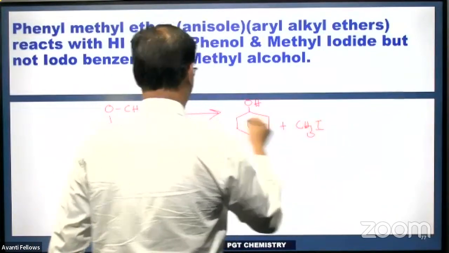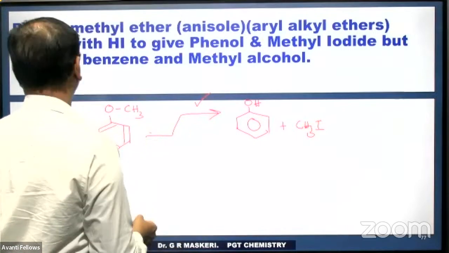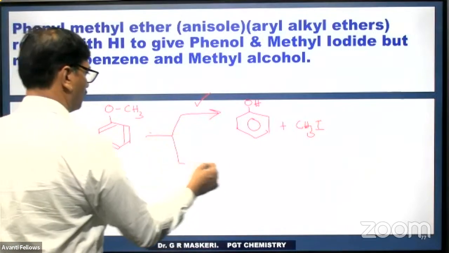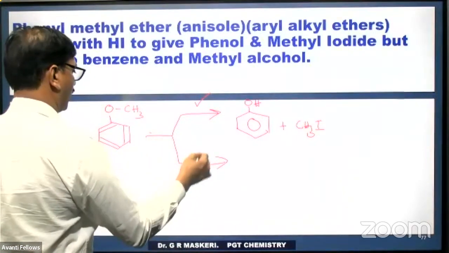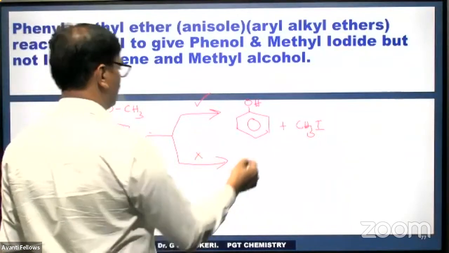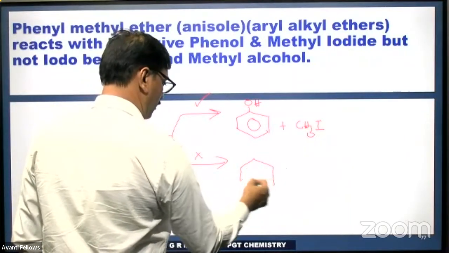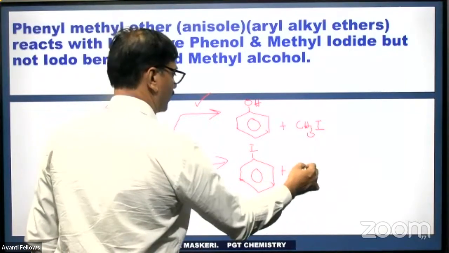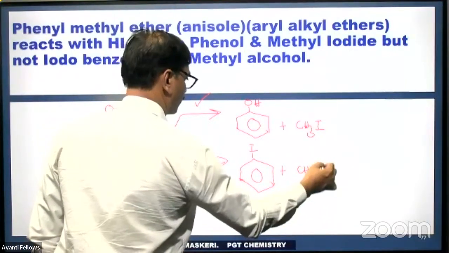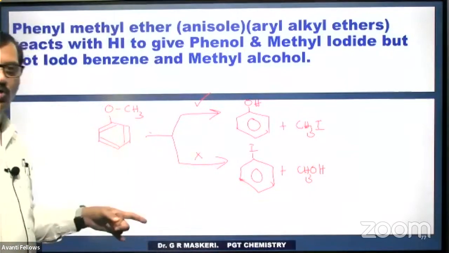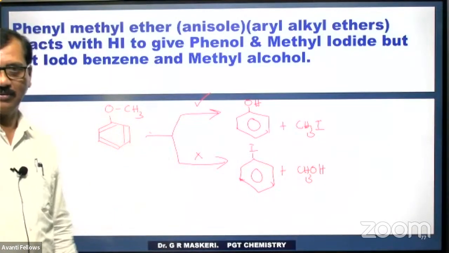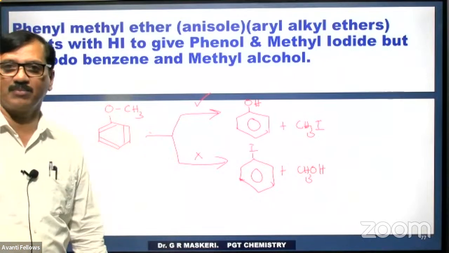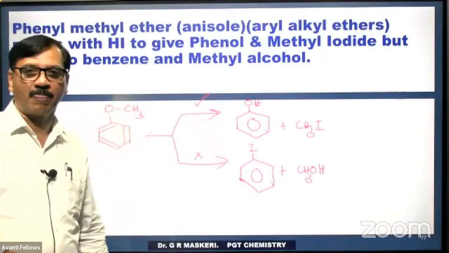This happens, but it doesn't give iodobenzene and methyl alcohol. This won't occur. Why won't this occur? This is a very important question in ether. Definitely one question. If something on ether is asked, it will be asked in this way.